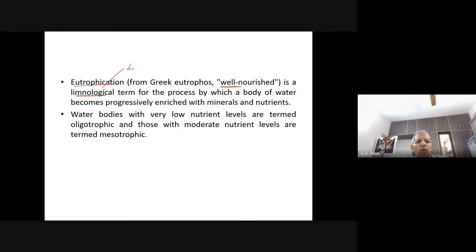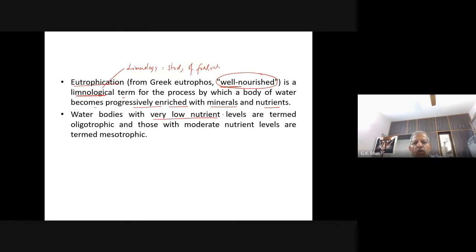Please all of you note down, limnology means the study of freshwater. So eutrophication is a limnological term for the process by which a body of water becomes progressively enriched with minerals and nutrients. It is a well-nourished water body.